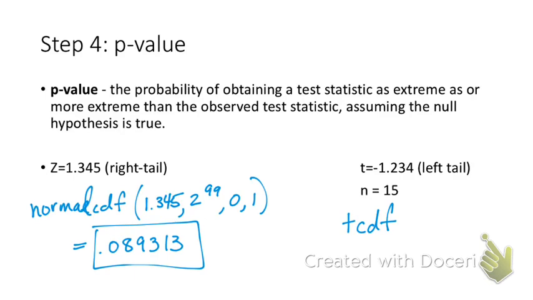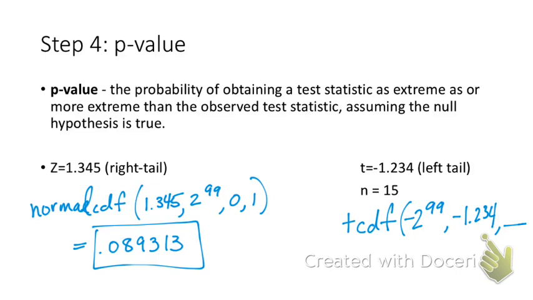So if it's a left tail, the same process, like lower bound, upper bound, those rules are still the same. If it's a left tail, that means I'm starting at negative infinity to negative 1.234. And you have to have the sample size in this because that depends on this third slot, which is your degrees of freedom.